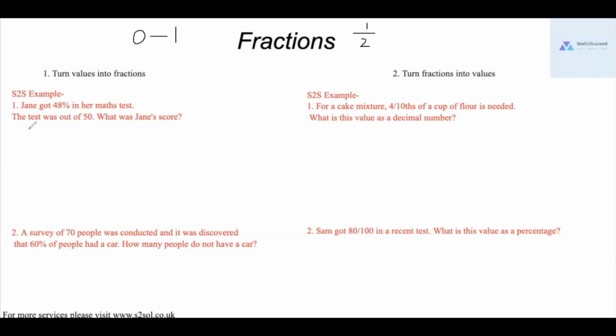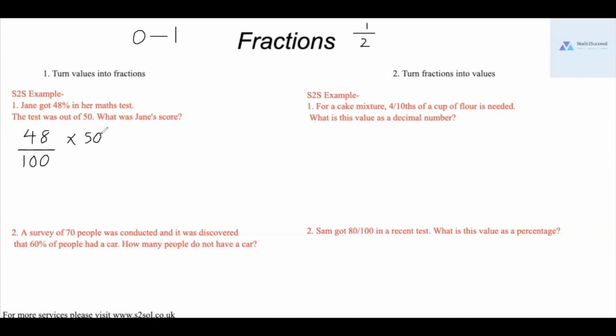So what we're going to do is calculate 48% of 50. And if you're unsure about percentages, please do check out our percentage video that we have on the channel. So 48 multiplied by 50 will give us our answer.